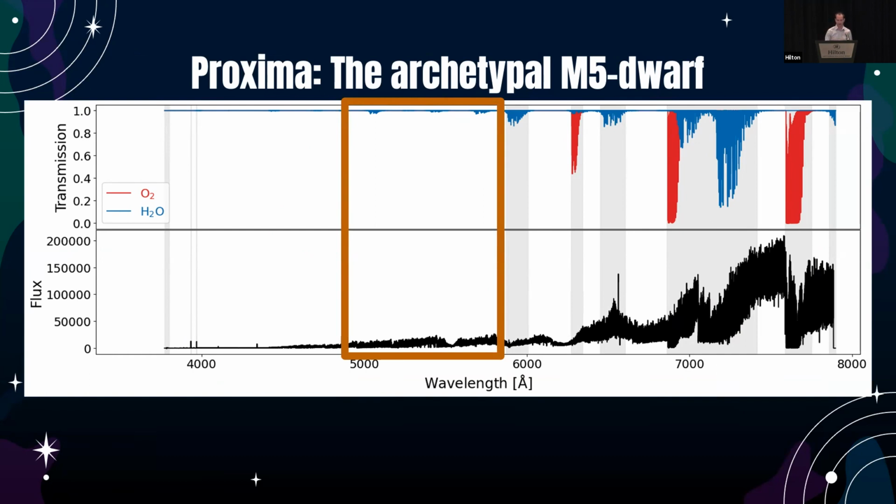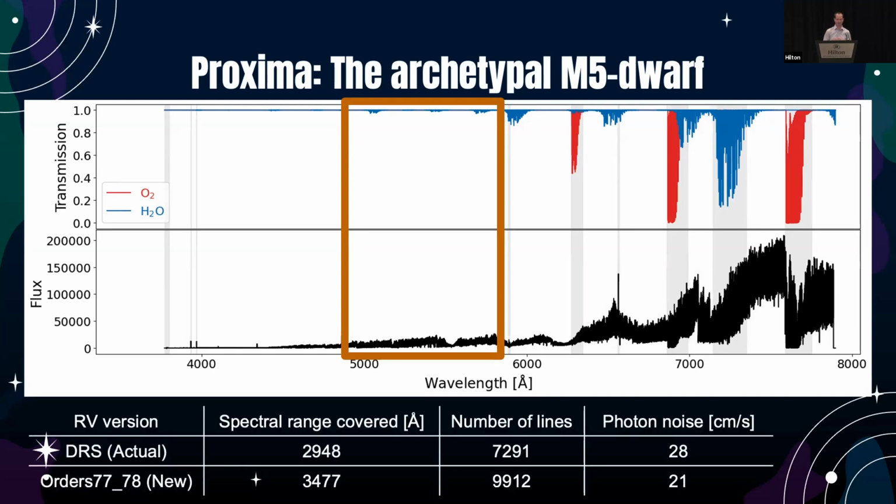By applying our new mask that you can see here, we are able to gain a significant fraction of the spectral domain, up to 25%. This leads us to more spectral lines, which also leads to an improvement of the photon noise from 28 centimeters to 21 centimeters per second.